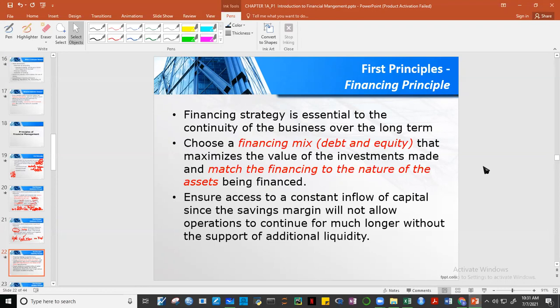Okay? So, now, ito din, sinasabi ng financing principle, kailangan guys yung matching principle to match the financing to the nature of the assets being financed. Ano ibig sabihin yan guys? Ibig sabihin, kunyari, mag-i-invest tayo, okay, kunyari OPEX lang ang kailangan ng cash. Kailangan, yung financing na gagamitin natin dyan, mga short-term lang din.